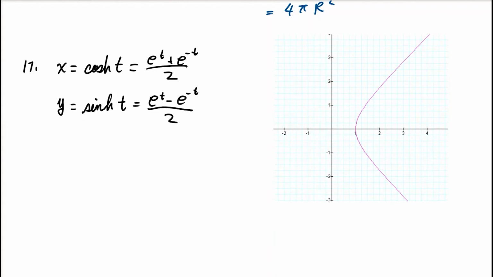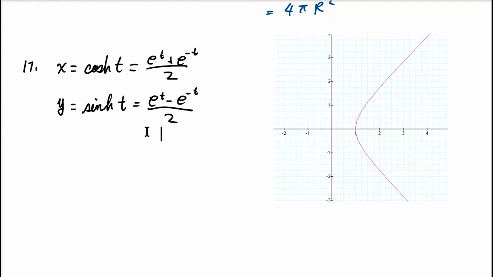Regrettably, I did not come up with this pronunciation. A lot of mathematicians pronounce this as kosh, which makes sense. But then this one is cinch. Why is that cinch? I don't know, but that's what my professor said, so whatever, right?